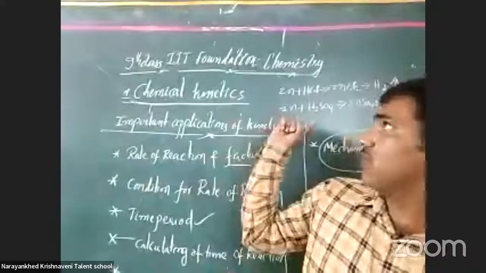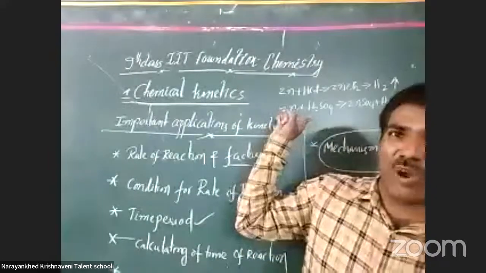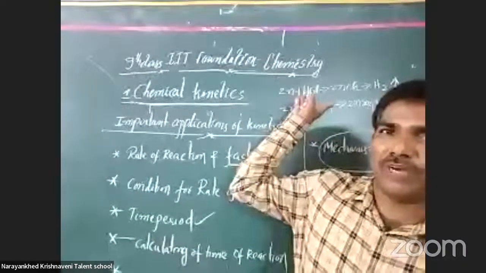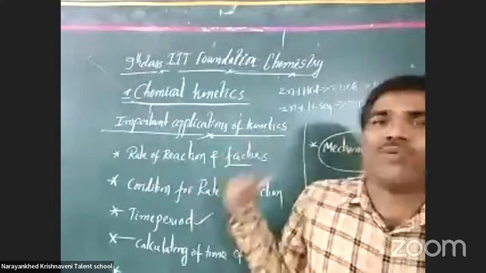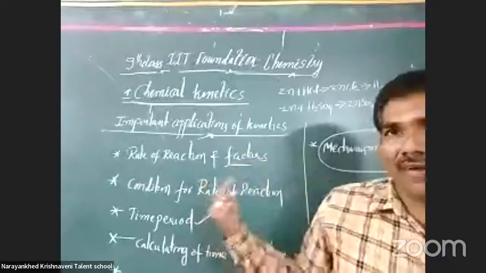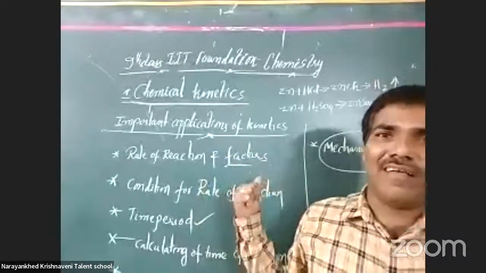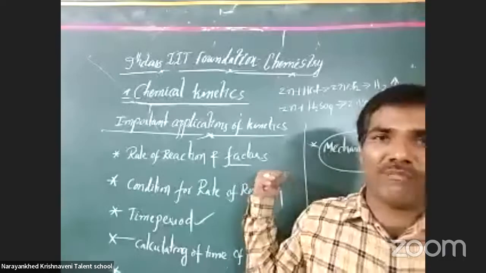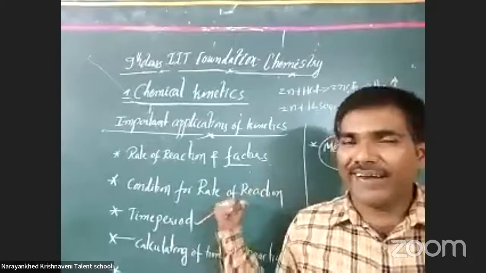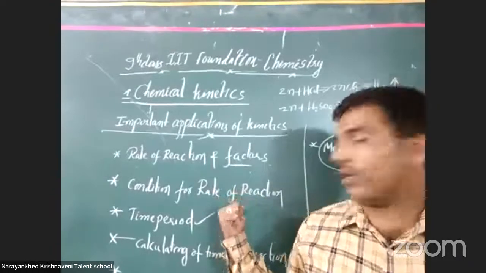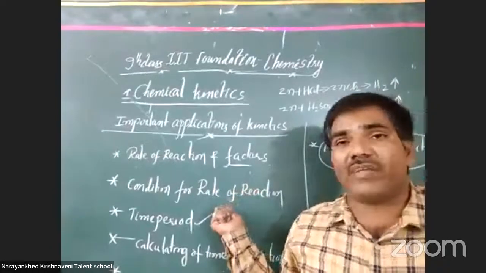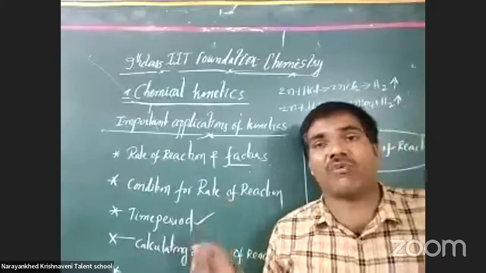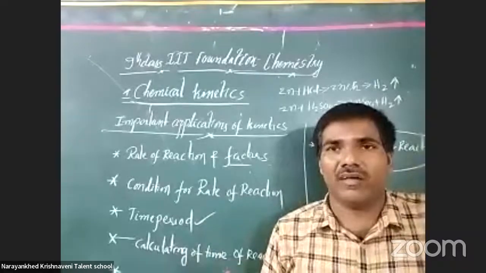Already I have discussed it: taking a strong acid instead of a weak acid automatically increases the reaction rate. So the factor is important, and the next component, condition for the reaction, is also compulsory. Clear or not?